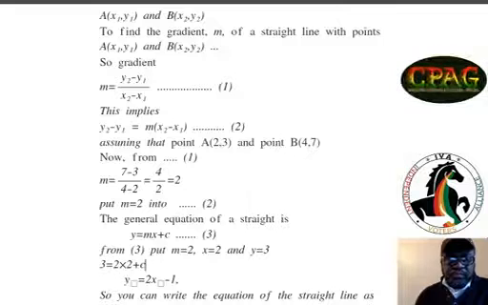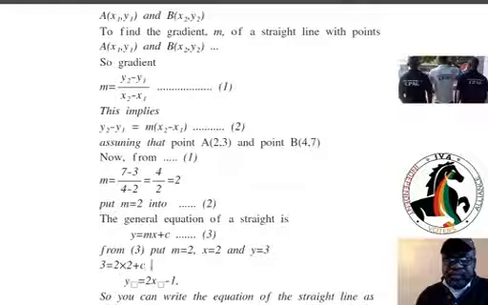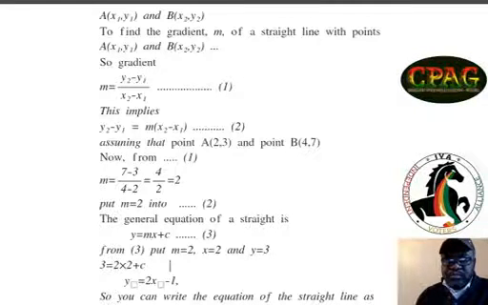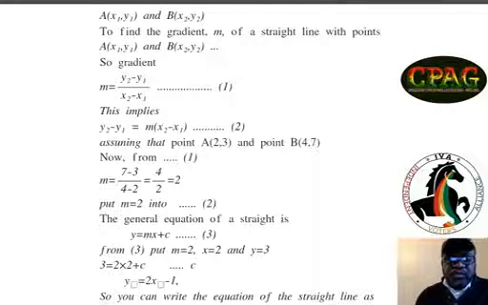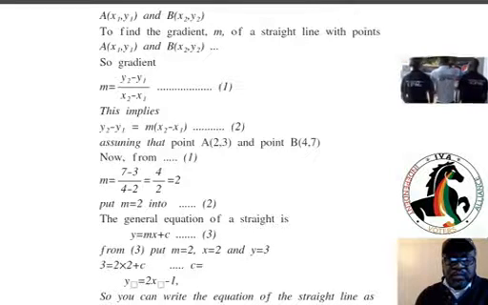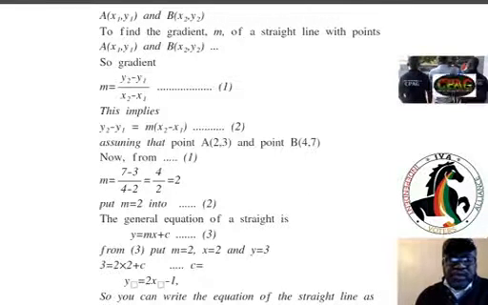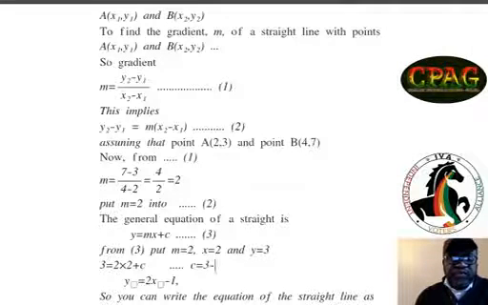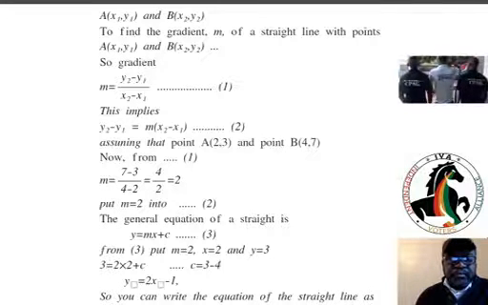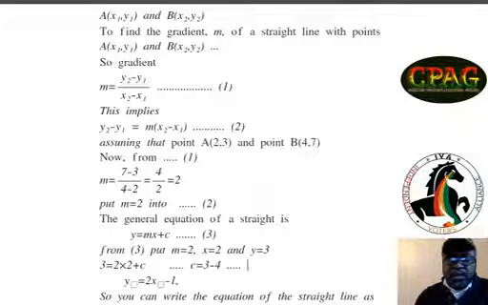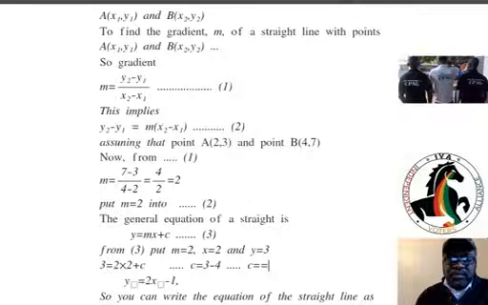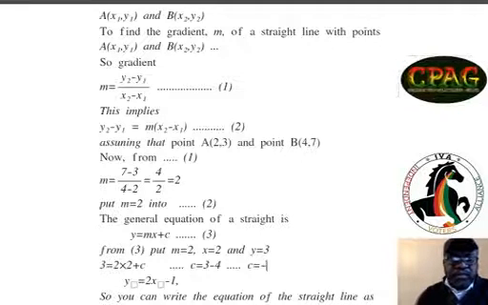So you get c is equal to 3 minus 4. Then you get c is equal to minus 1.